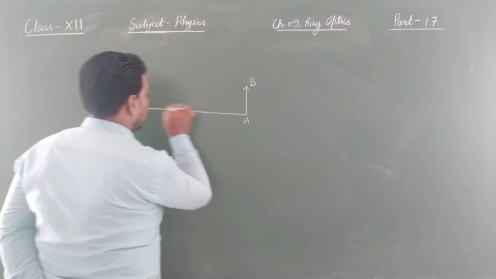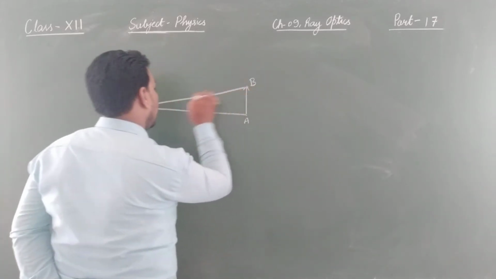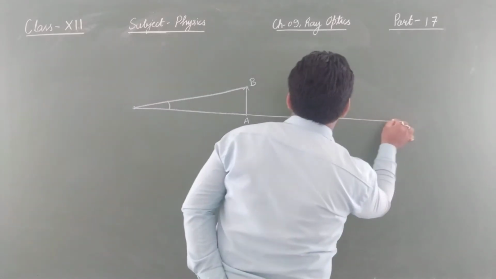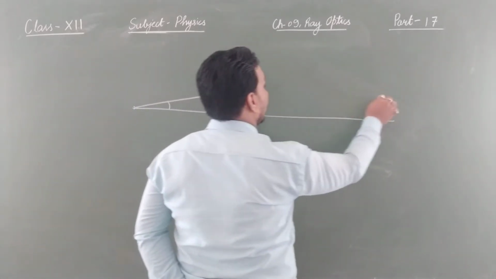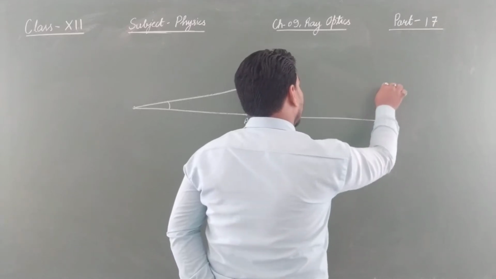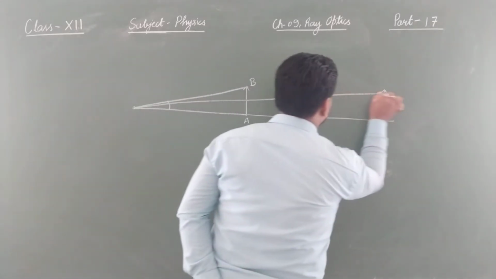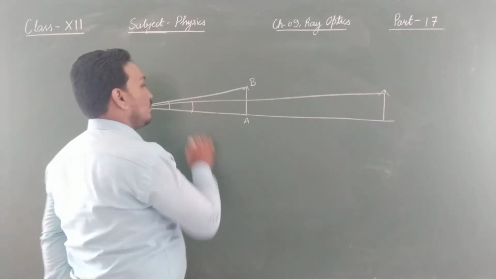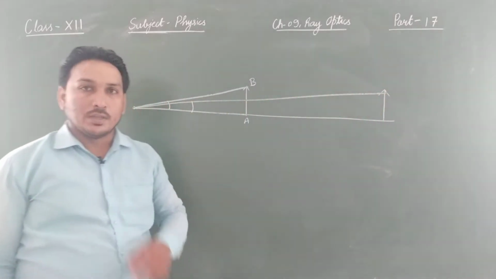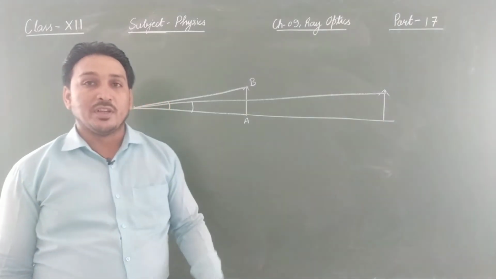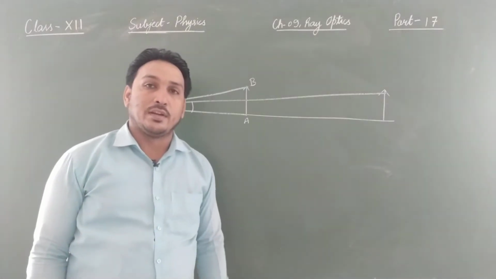This is the angle it subtends at our eye. But suppose the same object, of the same height, is somewhere here, then what is the angle it subtends? The angle becomes larger. So the thing is, given an object is very distant from us, it makes a very small angle at our eye.